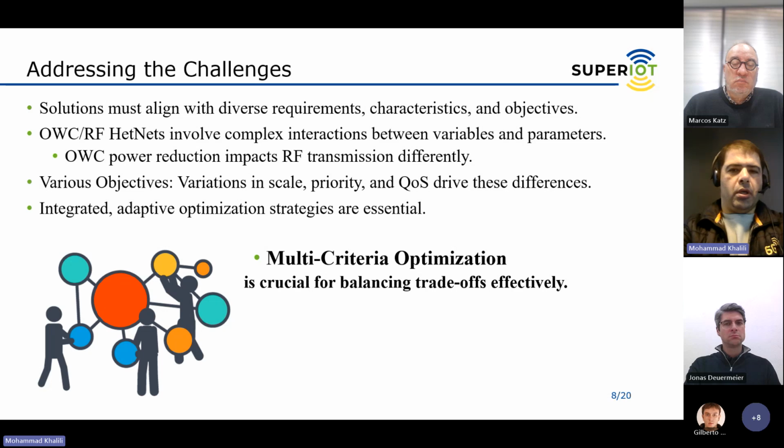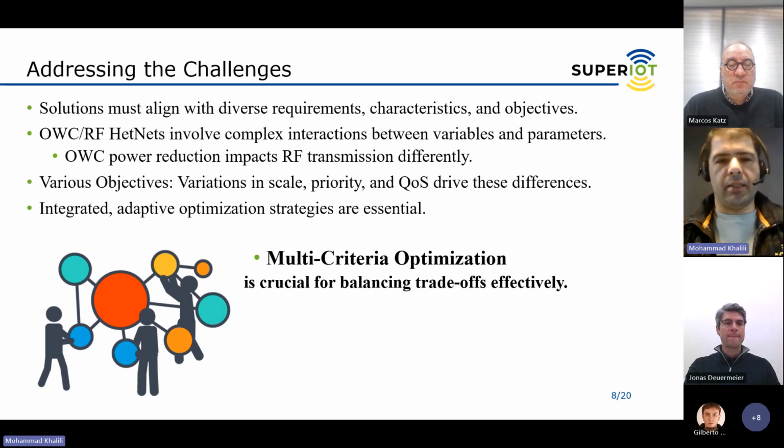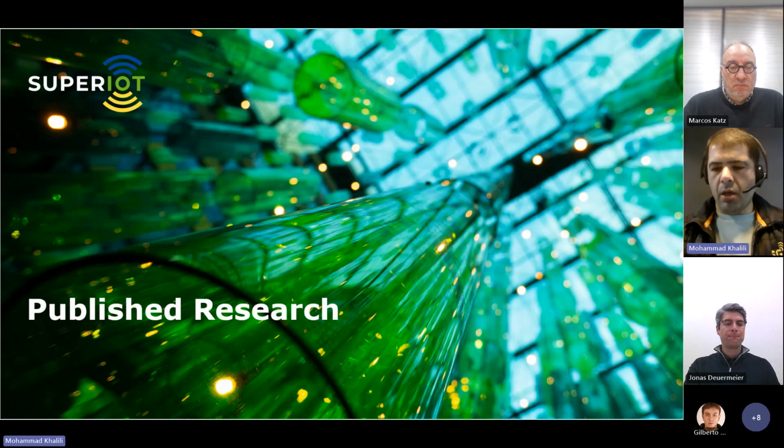We decided to use multi-criteria optimization to balance the trade-off between different objectives and have a performance that considers different criteria simultaneously.